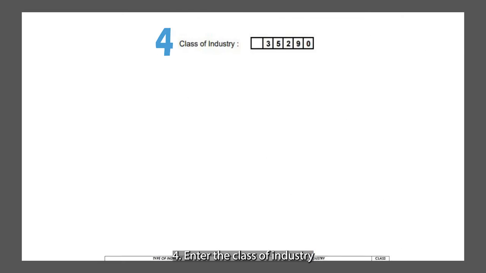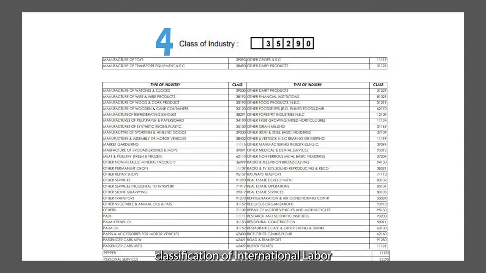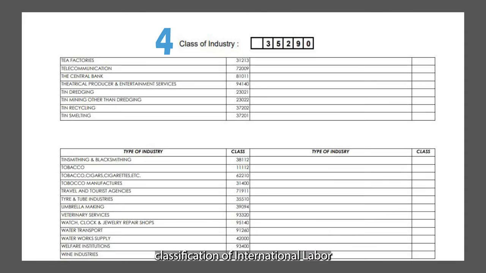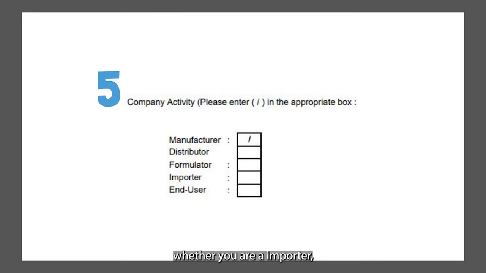Enter the class of industry with relevance of the Industrial Classification of International Labour Organization ILO. 5. Mark the appropriate boxes to indicate whether you are an importer, manufacturer, distributor, formulator, or end user of the chemical hazardous to health.